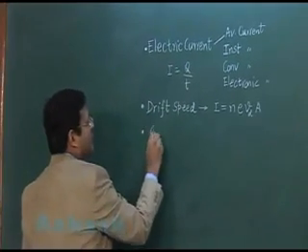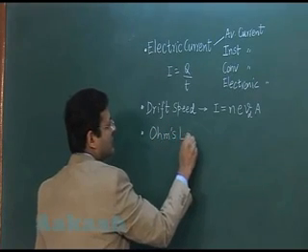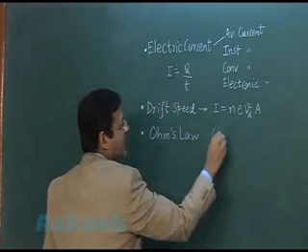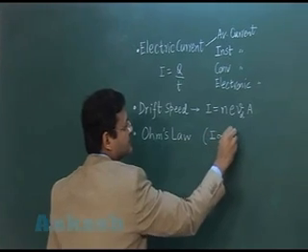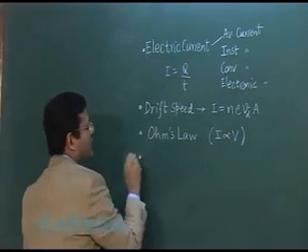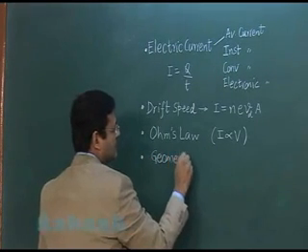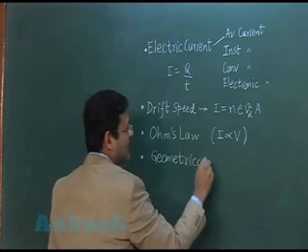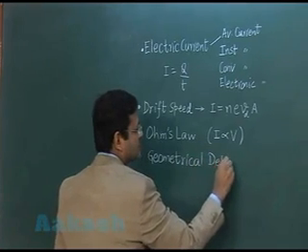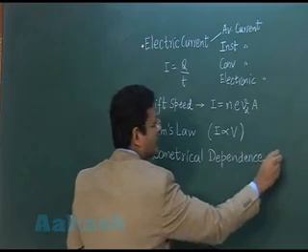Then we talked about Ohm's law. Ohm's law, essentially we said that it is I proportional to V. ये Ohm's law था. Then we talked about geometrical dependence of resistor.